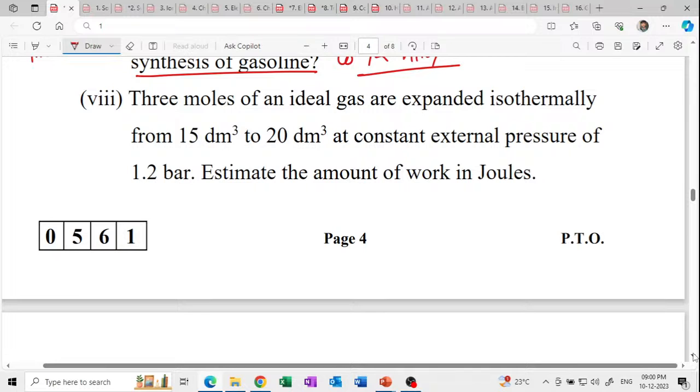That gives minus 6 liter bar. Then liter bar is multiplied by 100 to become joule. So the answer is minus 600 joule. Get it? Please write it down. This is a very important question.